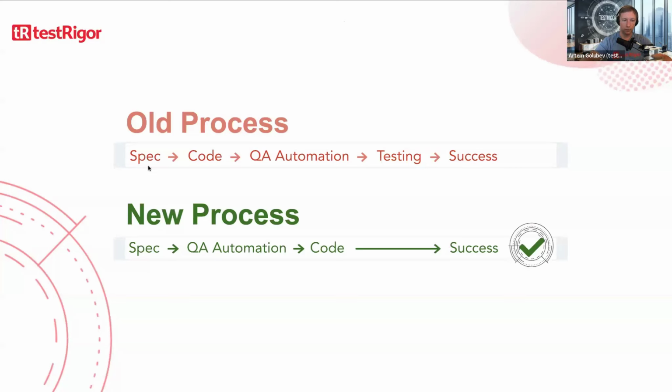So what's the difference? With the traditional process, product managers write specifications first, and then engineers write the code, and QA automation is basically playing catch up, trying to write the automation code for what engineers have written.